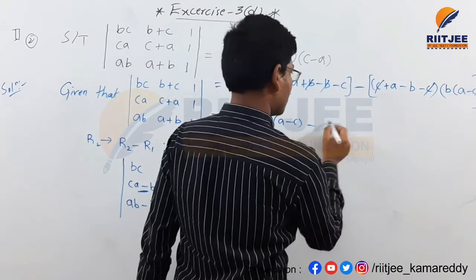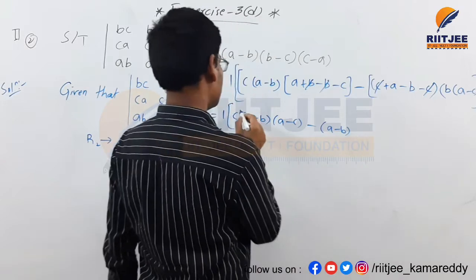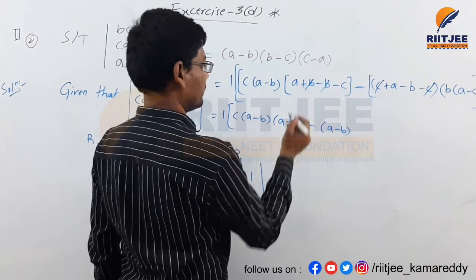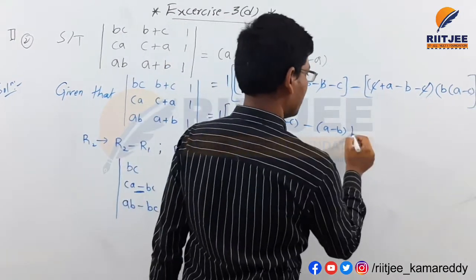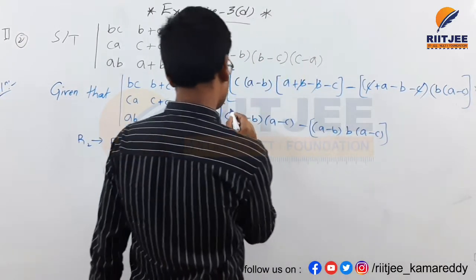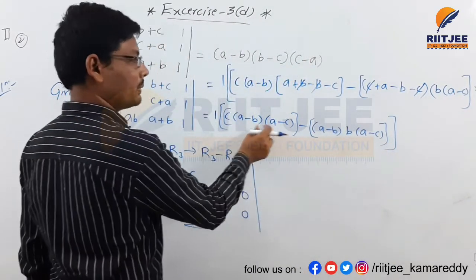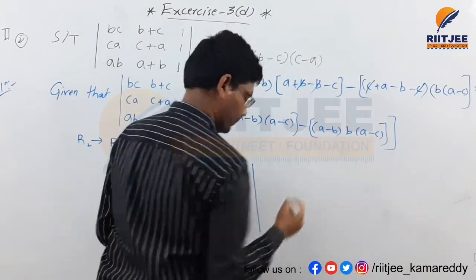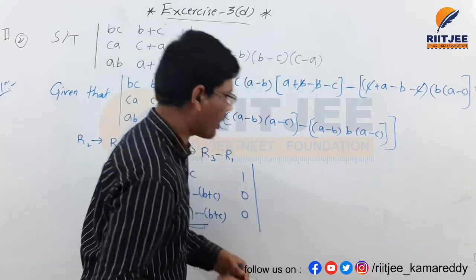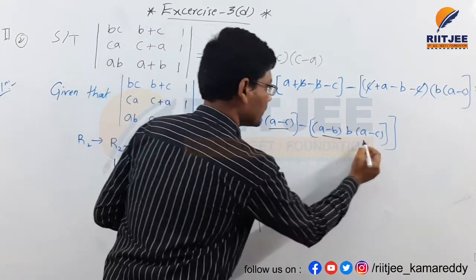Next, the remaining terms here, A minus B into B into A minus C. This is one term and this is one term. So here A minus B, A minus C, these two terms are common here, this term and this term and this term and this term.